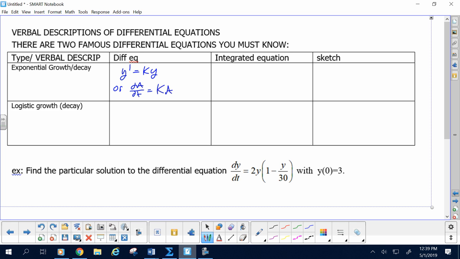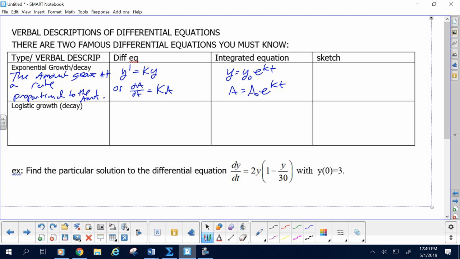The integrated equation is y equals y initial e to the kt, or A equals A initial e to the kt. And the verbal description is the amount grows at a rate proportional to the amount.